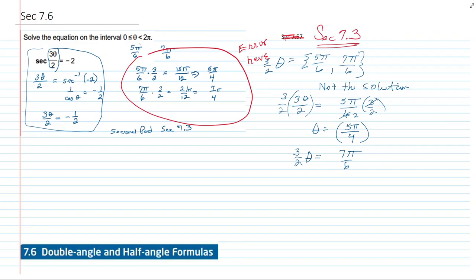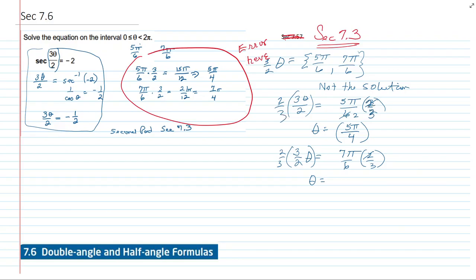Going to be multiplied by reciprocal again. So that the theta I need it to be, where I can multiply by the 3/2, is going to be, oops, yeah, 2. Oh, dear God, I did it again over here.